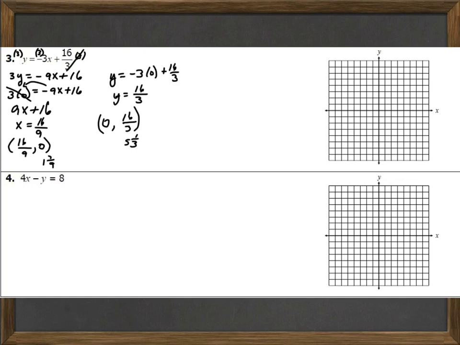Okay, so I'm close to 2 and close to 5. So I'm close to 2 here on the x-axis. And I'm a little over 5 on the y-axis. Okay. And then plot my points.